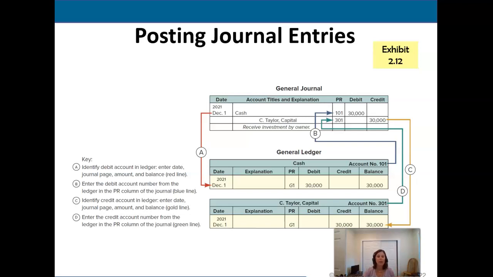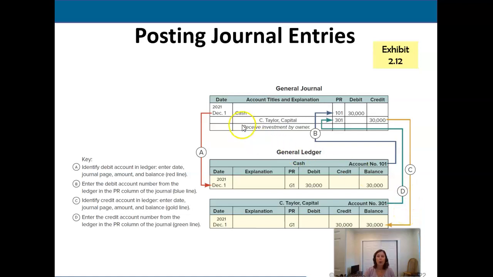Each account is, in that chart of accounts, going to likely have a number. Not always, but it depends on whether or not you elect to do that in your computerized accounting system. But back in the day when accounting systems like this were first developed, these accounts were listed by number. So you'll see, for example, we've got the cash account here that is account number 101, and our C. Taylor Capital account is 301.